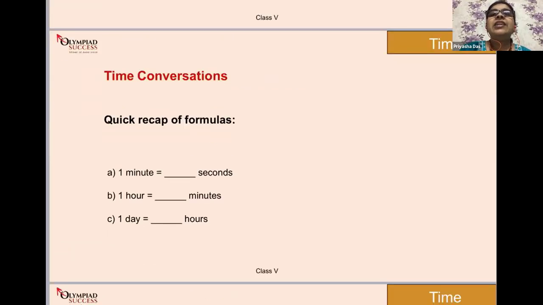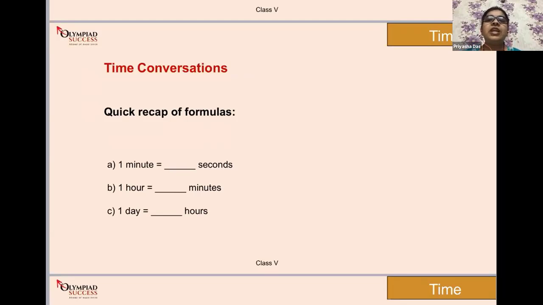Here comes a little recap of a few formulas. Can you people help me, please? Yes, Priyanshi, can you please help me with these options A, B, and C? I have just forgotten. How many seconds do we have in a minute? Because this is what we will need in our class today. Very good, Tanmay. Excellent. Very nice, Praveen. We have 60 seconds. Very good, Nisha.